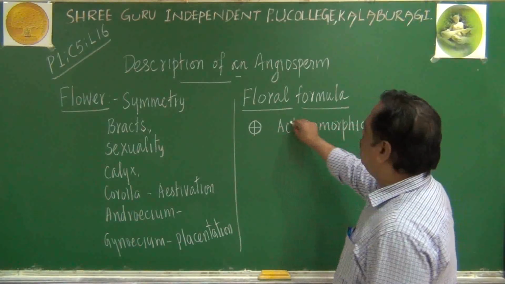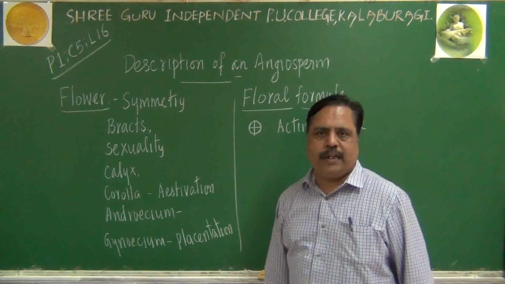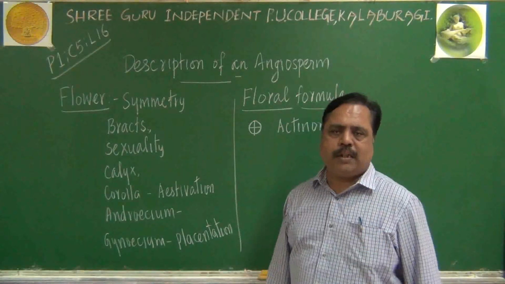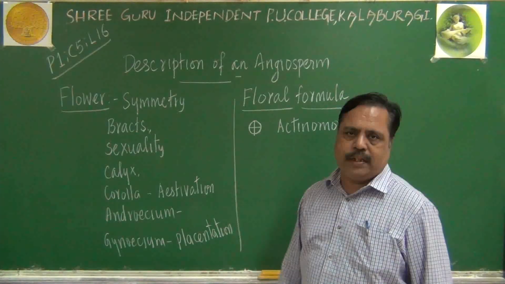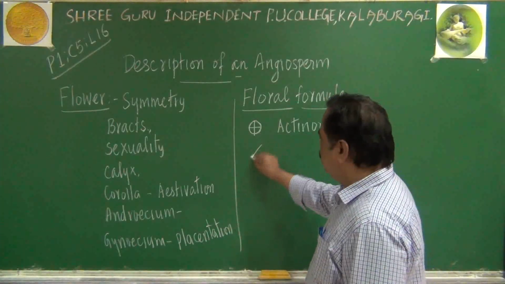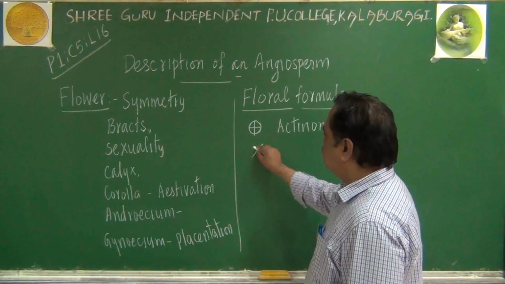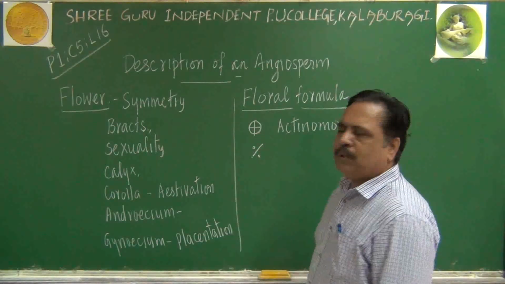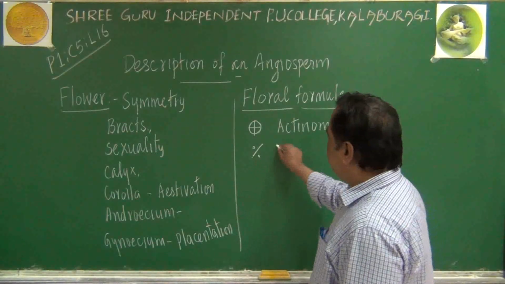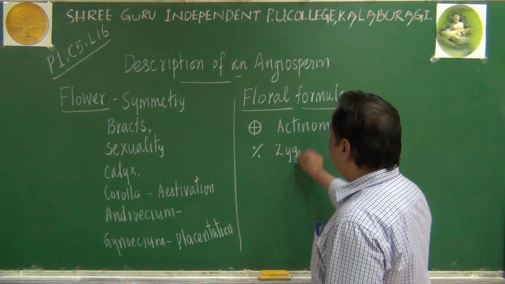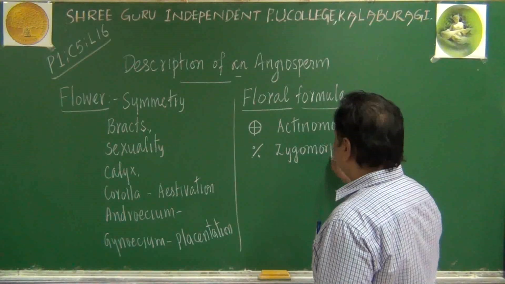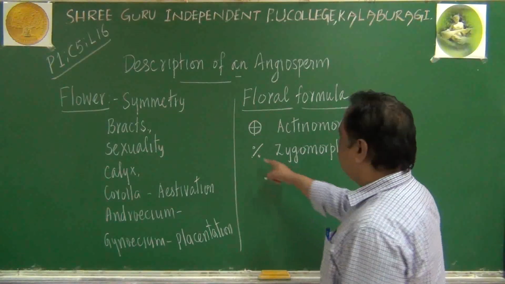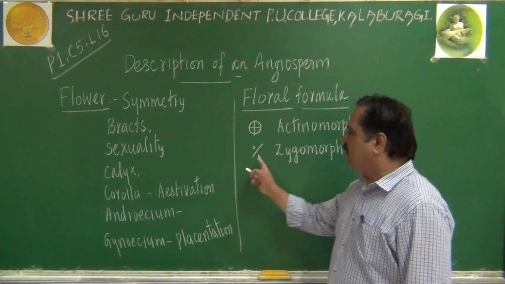What is actinomorphic? Radial symmetry. It exhibits radial symmetry that can be easily identified. Suppose instead of writing this plus mark, I put one percentage-like structure, it indicates zygomorphic flower here. Okay. So zygomorphic flower is represented with this symbol.